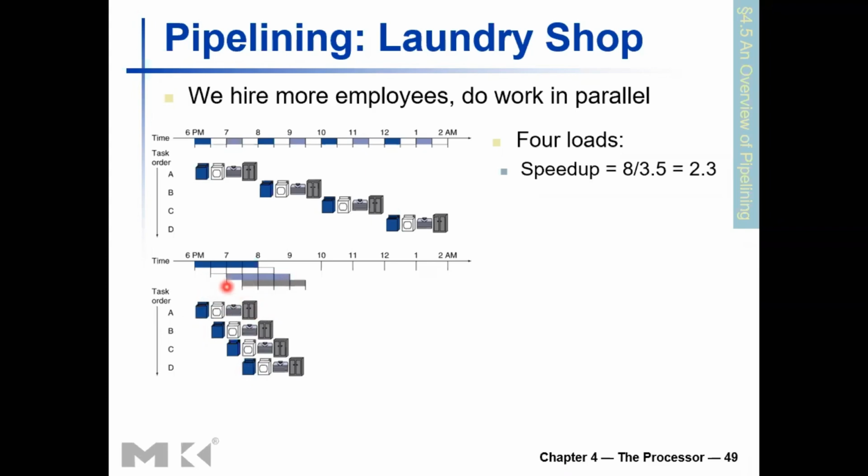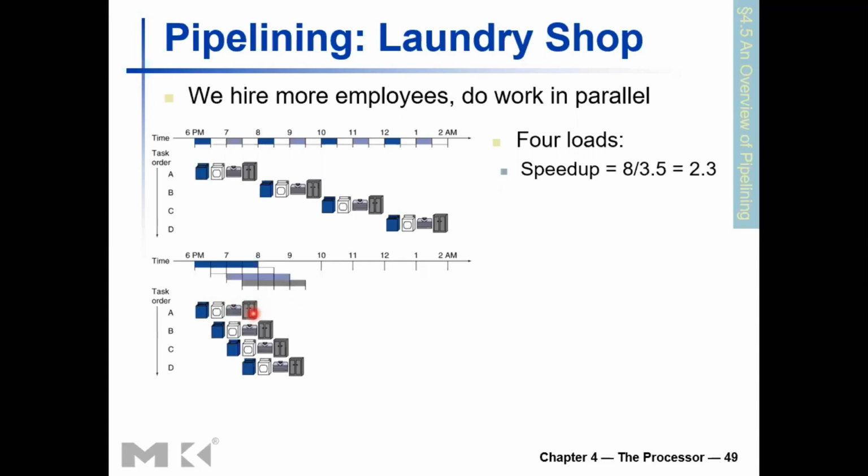So it takes some time to fill the pipeline, and it's not as efficient at that stage. We are spending a certain amount of time to finish this laundry load, but we haven't finished anything yet.